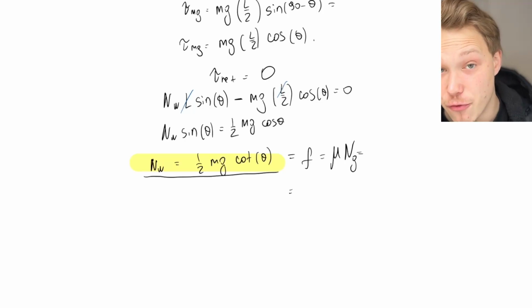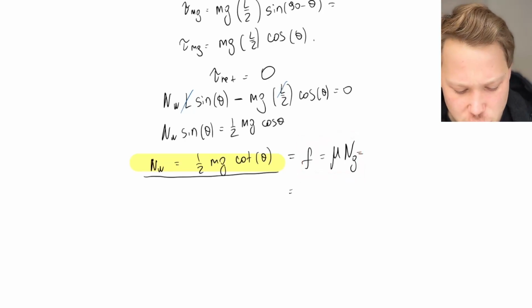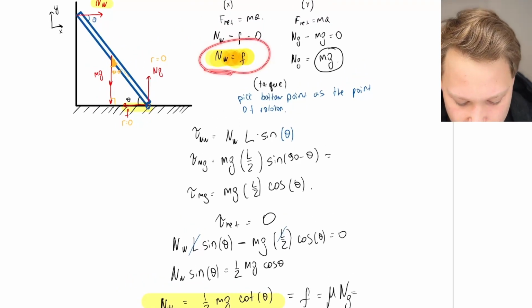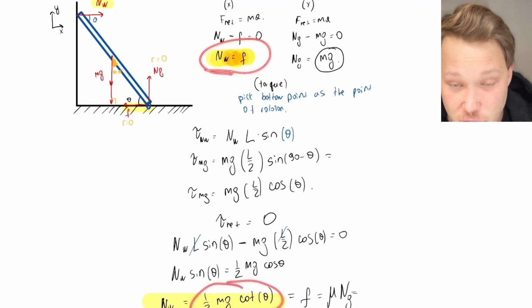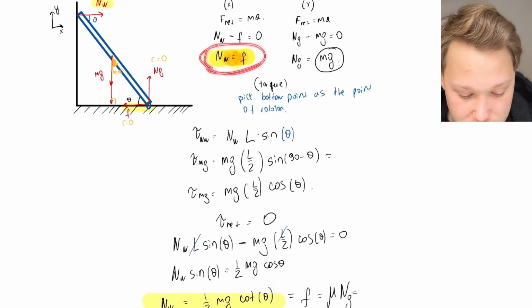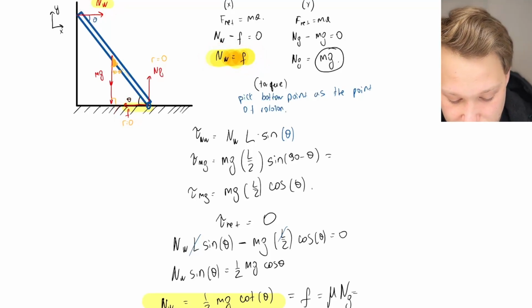One more time, right? The frictional force, I feel like I went over that a little fast, right? So we said this normal force from the wall is equal to this equation we just derived from the torque. However, this equation right here says, that we said in the very beginning, that the frictional force is equal to the normal force from the wall.